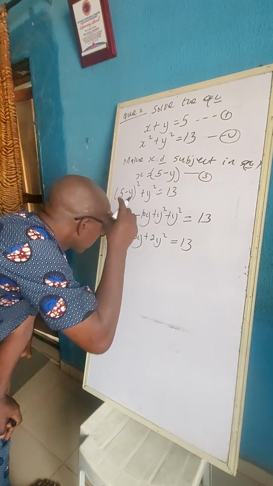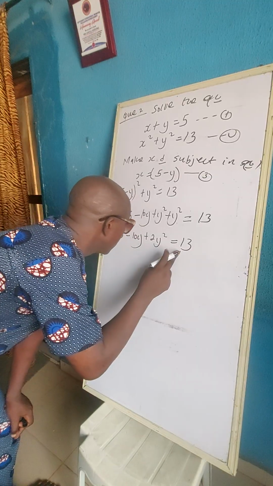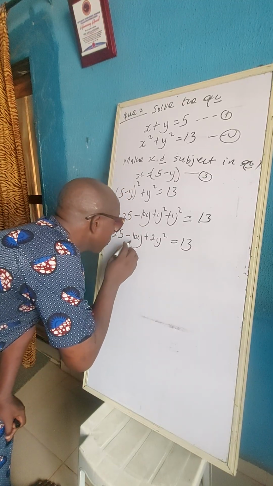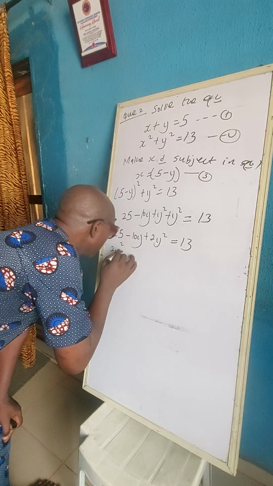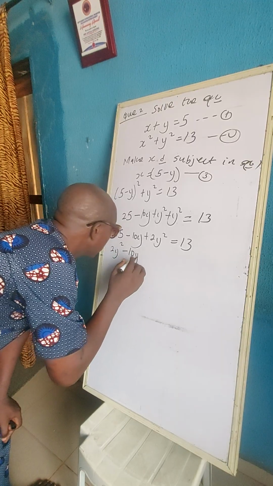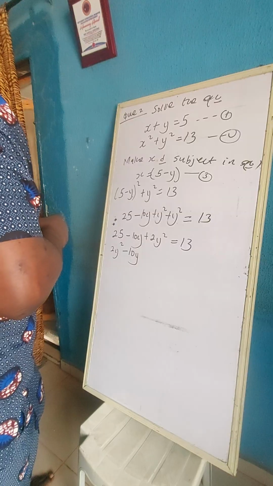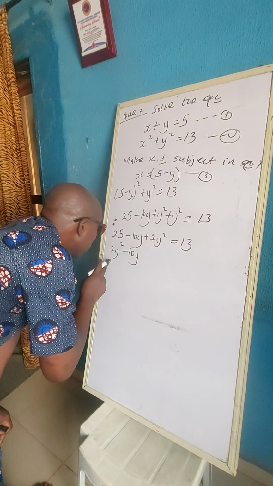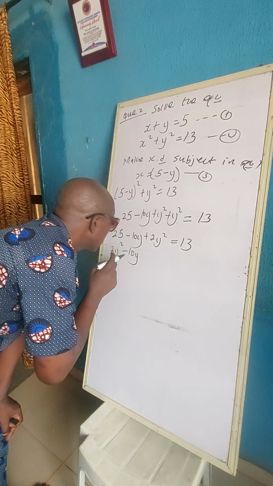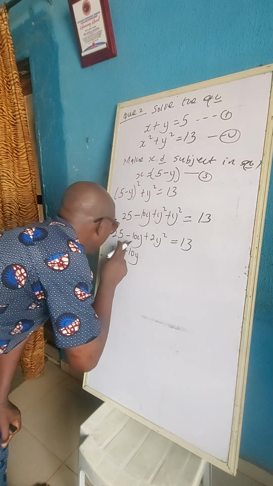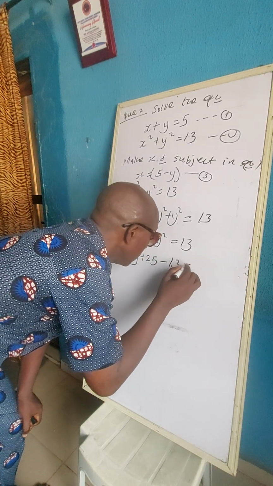That means 2y squared minus 10y plus 25 minus 13 equal to 0.